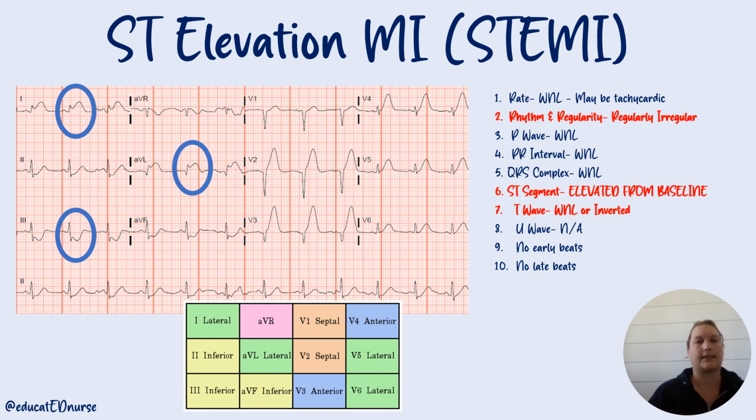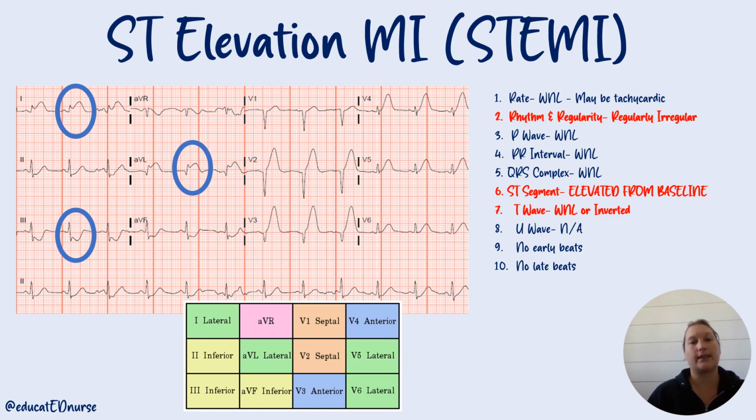Down at the bottom of this slide is just nice-to-know information, okay? You don't need to memorize this by any means, but I wanted to show you, and there's going to be another video on how to apply a 12-lead EKG and a 5-lead EKG. For now, just so you have an idea, in this 12-lead EKG we're seeing some abnormalities in leads 1, 3, and AVL.